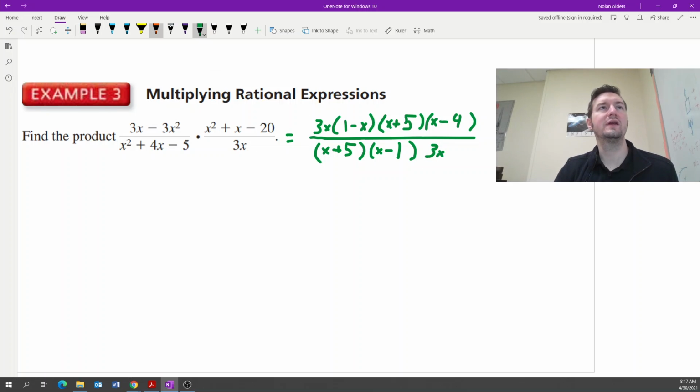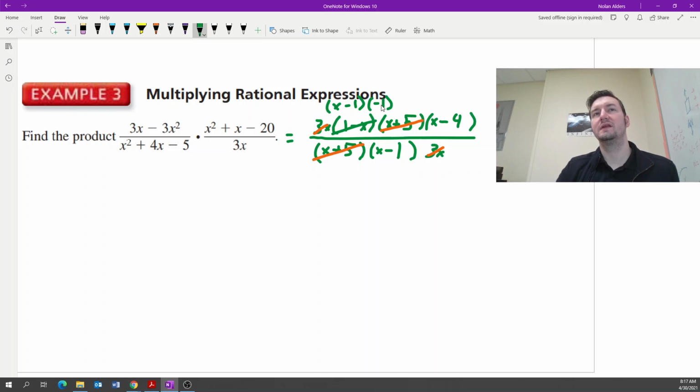All right, look for what you can cancel. We can cancel that 3x. We can cancel the x plus 5. Now look at these two. They almost look like we can cancel them. The only difference is this one has opposite signs of this one. This one is negative x, this is positive x, this is positive 1, this is negative 1. So what we can do here is replace this 1 minus x with x minus 1 times negative 1.